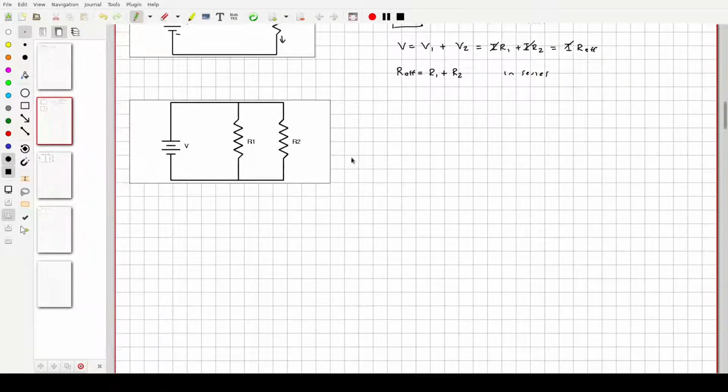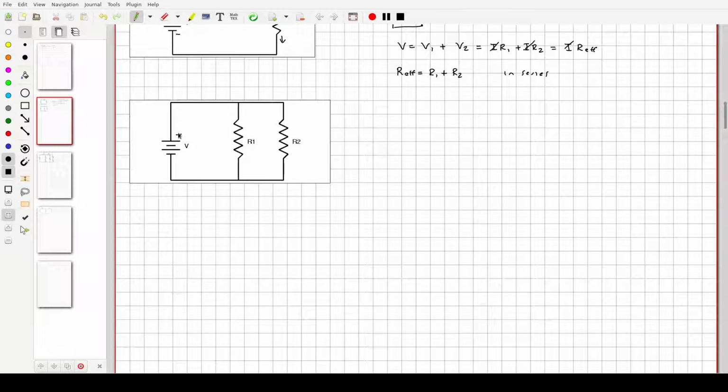Okay. Now in a parallel circuit, it's a little more complicated, because you have these splits in the wires right here. You have these junctions. And so if you think of this as being like one of those little Y junctions on a hose, if you turn it in the center, some water is going to flow through one side of it, some water is going to flow through the other side of it.